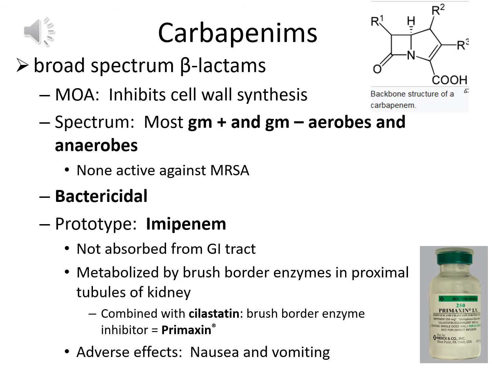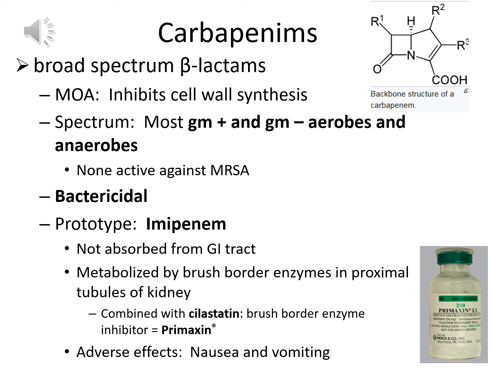So wrapping up, the final commonly prescribed category of beta-lactam antibiotics are the carbapenems. These, just like the cephalosporins and the penicillins, inhibit cell wall synthesis, so the mechanism of action is really the same in all beta-lactams.